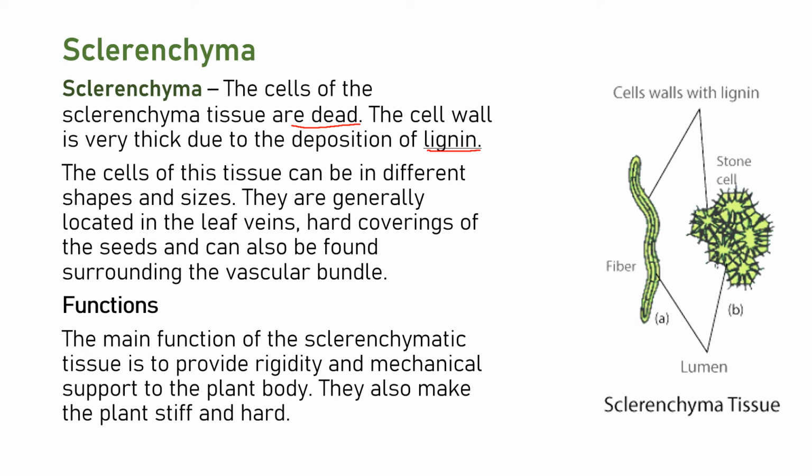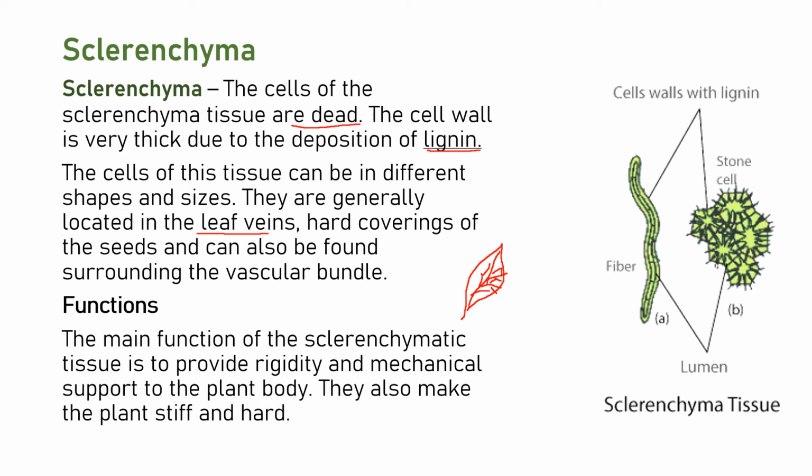They are generally located in leaf veins. Have you seen the leaf veins, right? If this is a leaf, this is the midrib. These are the veins, and from veins arise veinlets, right? So the veins of leaves are made up of sclerenchyma.